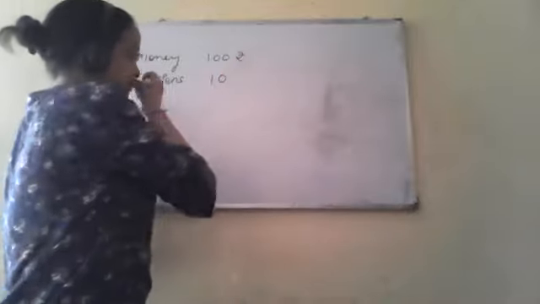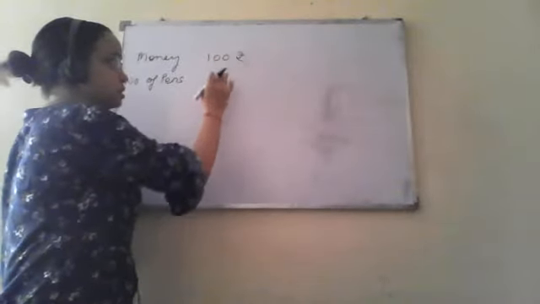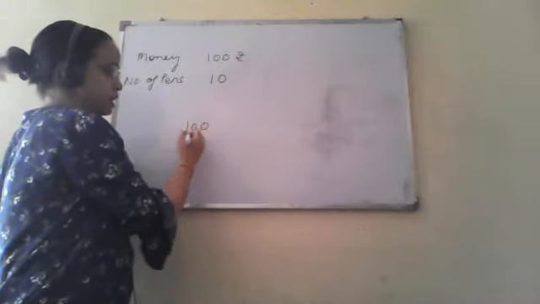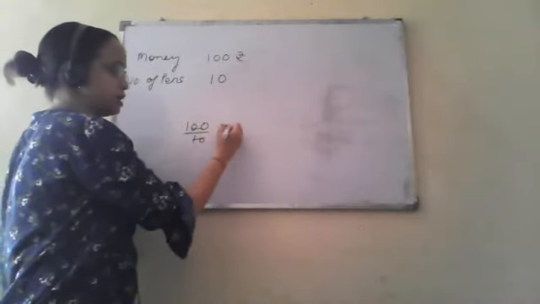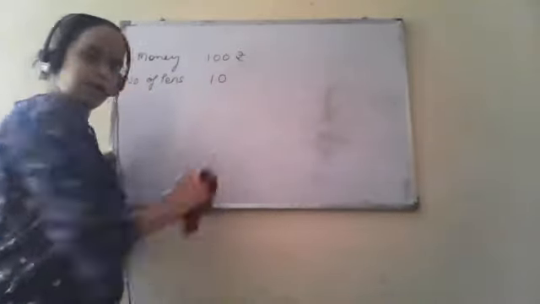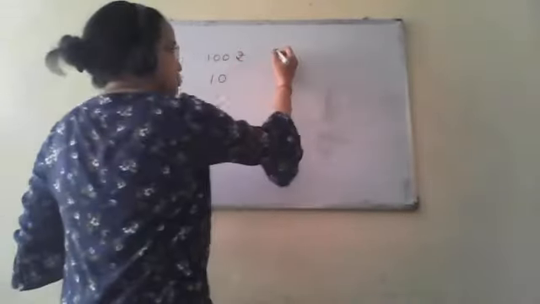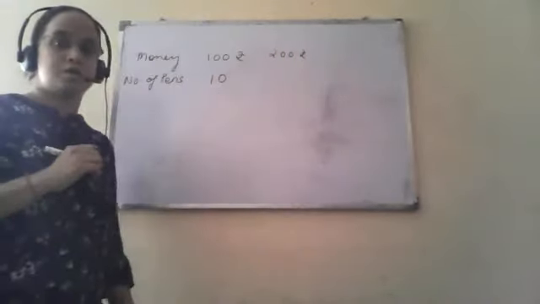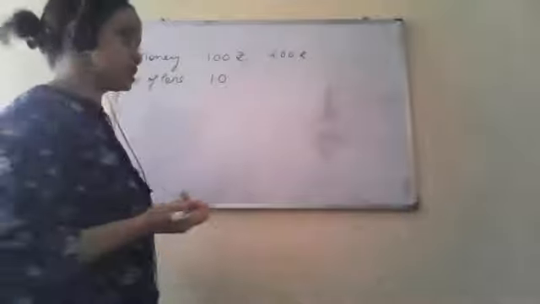Now see, you have 100 rupees, you can buy 10 articles. So what is the cost of one article? It will be 100 divided by 10, that is 10 rupees. Each article will cost 10 rupees. Now suppose you have 200 rupees. How many articles can you purchase now?